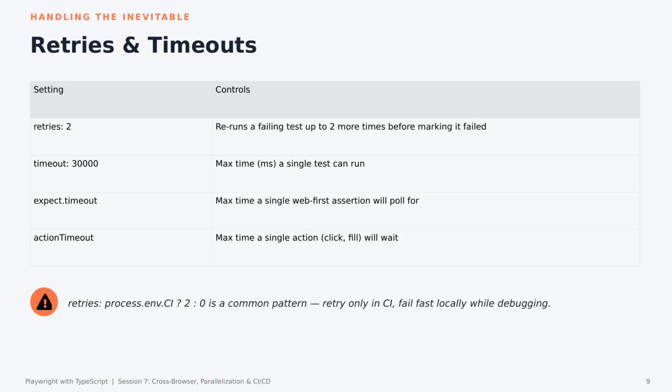And actionTimeout, the maximum time a single action, like a click or a fill, will wait before it fails. A really common and genuinely good pattern: retries: process.env.CI ? 2 : 0. Retry only when you're running in CI and fail fast locally while you're actively debugging something.